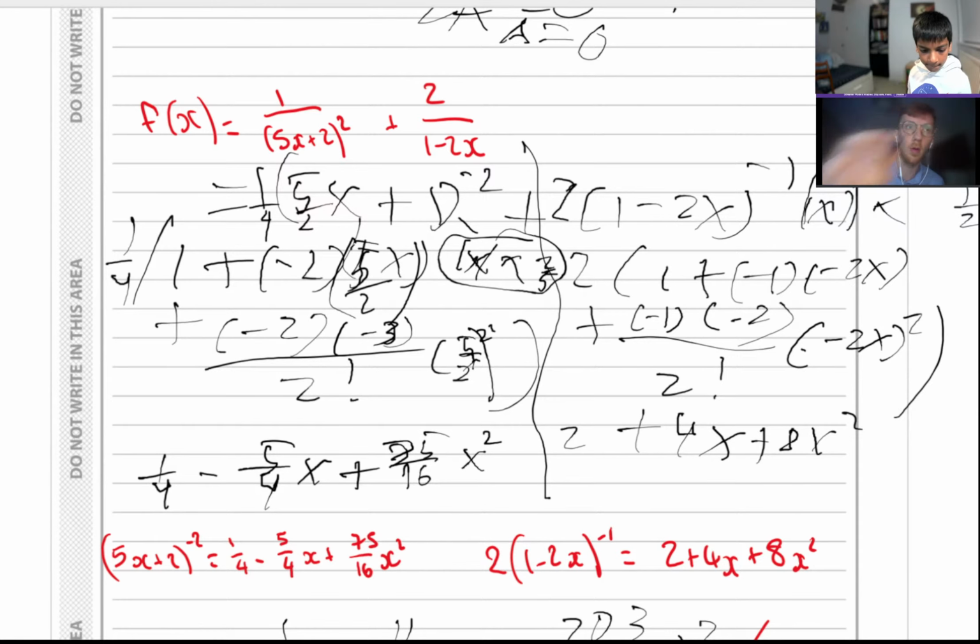So let's just remind people who are watching the rule. If we are expanding 1 plus ax to the power of n, where n is negative, or even if it's a fractional index as well, then essentially we want each of our terms in our binomial expansion to go to 0.